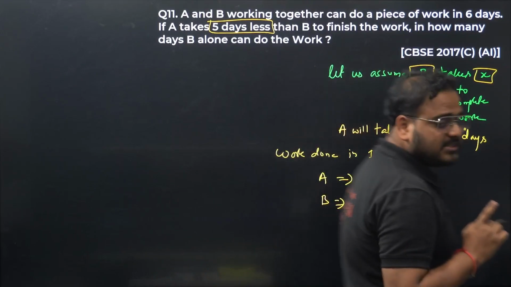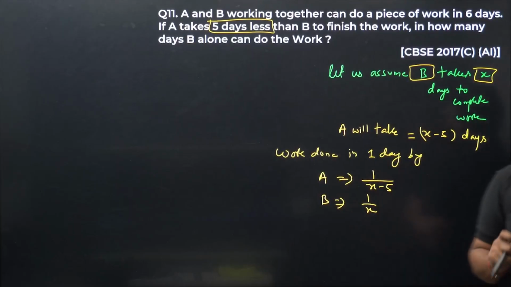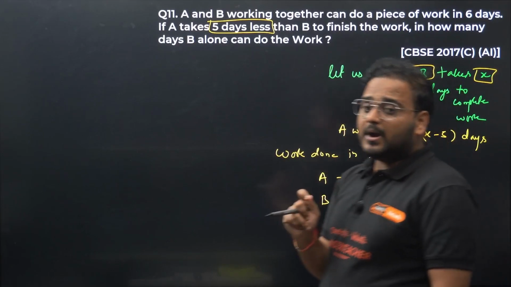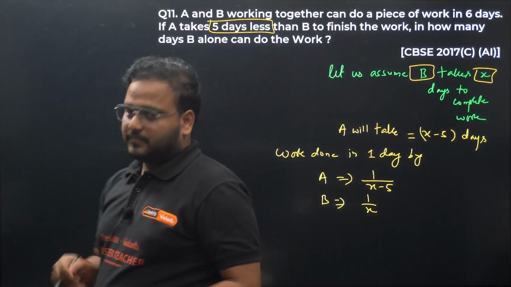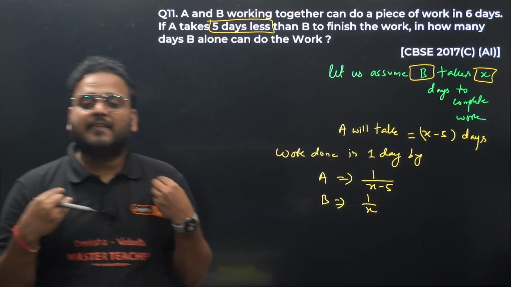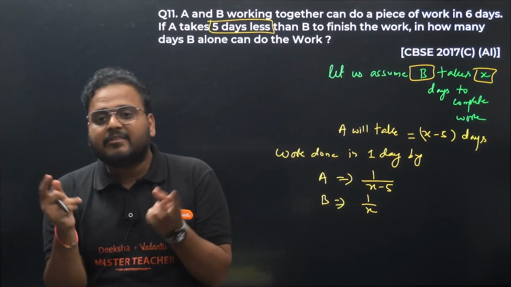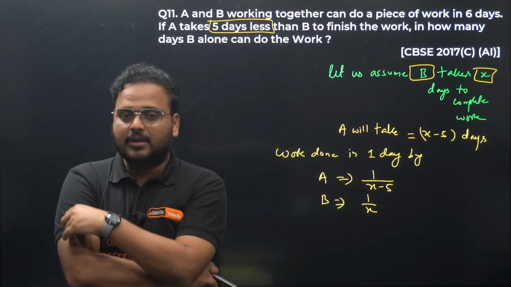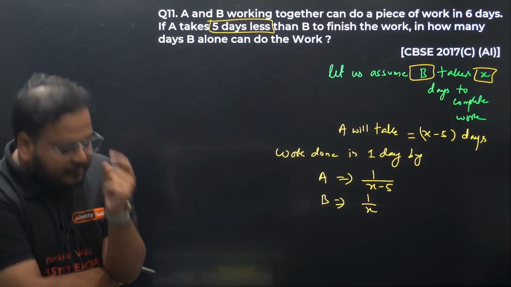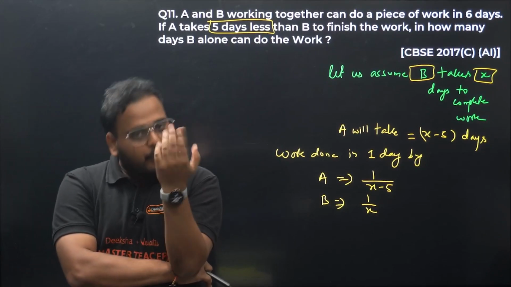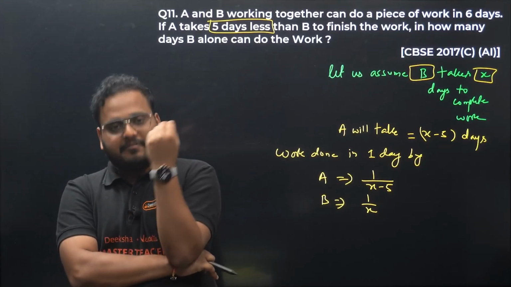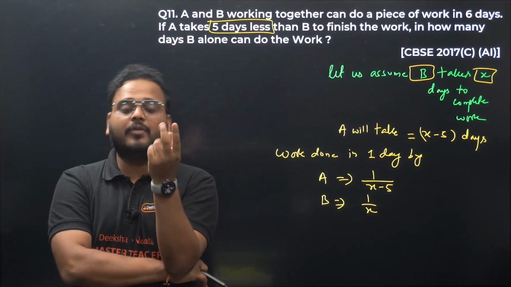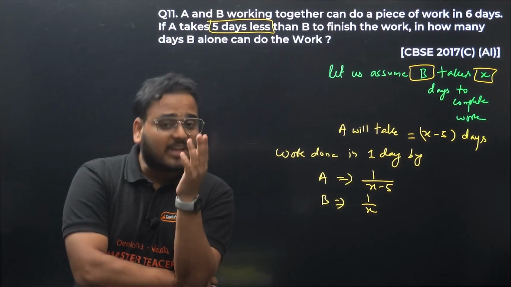What do these two values represent? Let me explain. Let's say if I complete any given work in 2 days, then how much work will I finish in one day? 1 by 2, half the work.